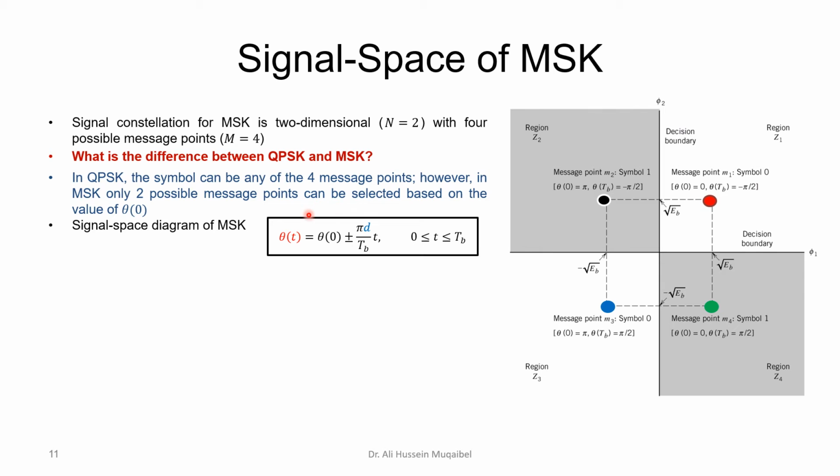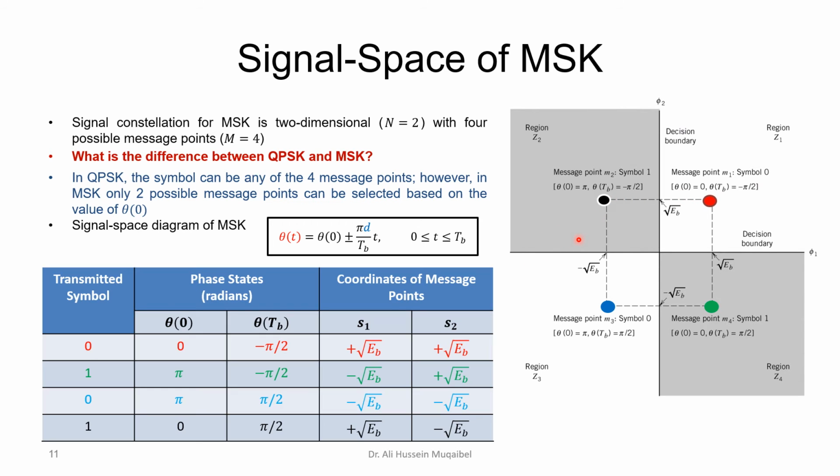So you are sending either plus or minus based on the input signal. Now, if you look at the diagram here, if you are in a given phase state, then you cannot jump. You have to go into the next state. So you can have plus or minus pi over 2 for this example.